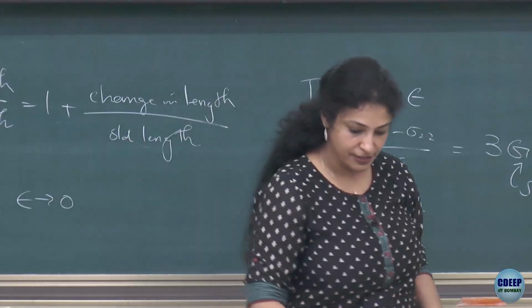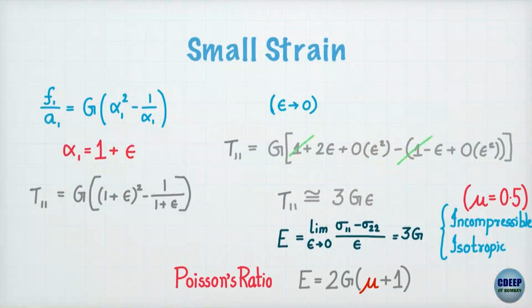We won't derive it now, but if we were to do that, then the expression that you would get is that the Young's modulus is 2G times the Poisson's ratio plus 1. For an incompressible material, the Poisson's ratio is 0.5. So, if you substitute 0.5 here, 0.5 plus 1, 1.5 times 2 will give you 3.